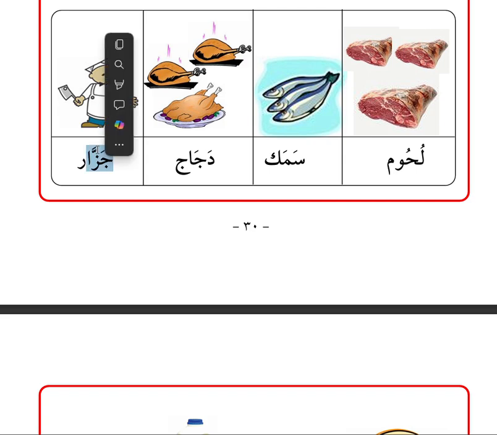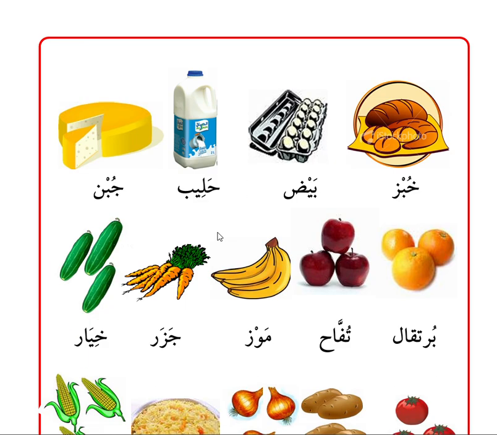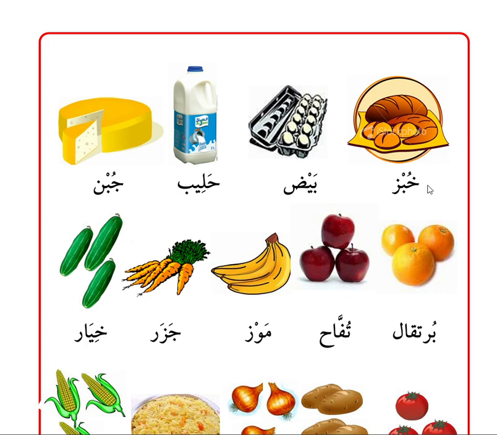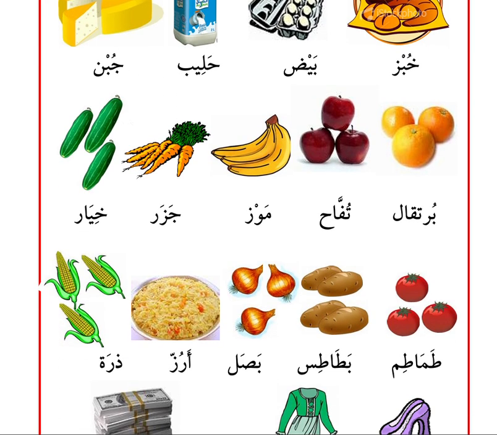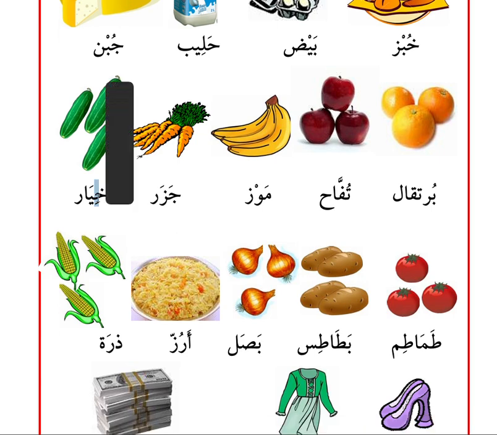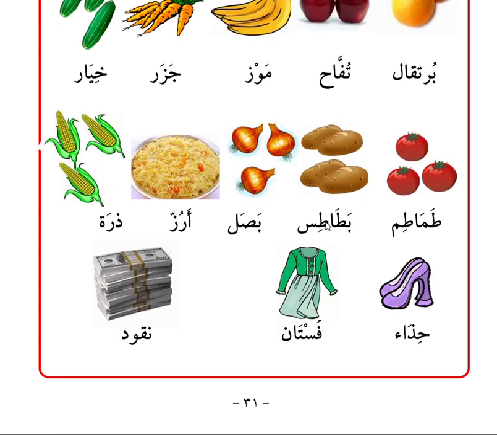Then we have jazar, which is butcher, and then khubz, bread. Bayd, eggs, again collective noun. Halib, milk. Jubn, cheese. Burtuqal, which is the same for singular and plural. Tufah, apples. Mouz, bananas. Jazar, carrots. Khiyar, pickles.